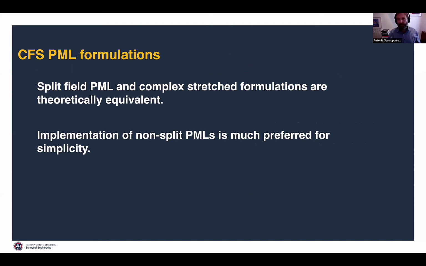In terms of formulations, we have the split field or complex stretching of space that are theoretically equivalent. That has been shown, within scaling of field components, to produce the same result. But the non-split PMLs are more preferred because they are easier to employ in finite difference time domain algorithms.